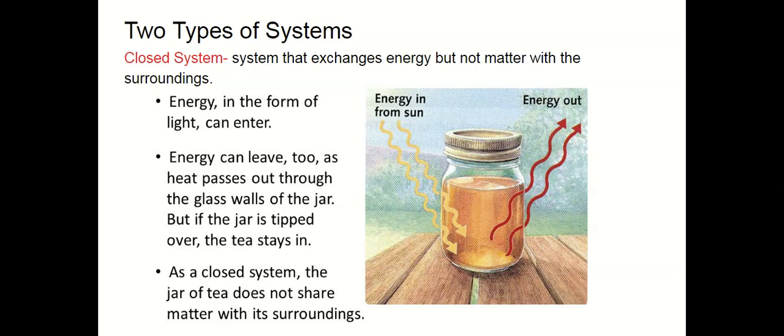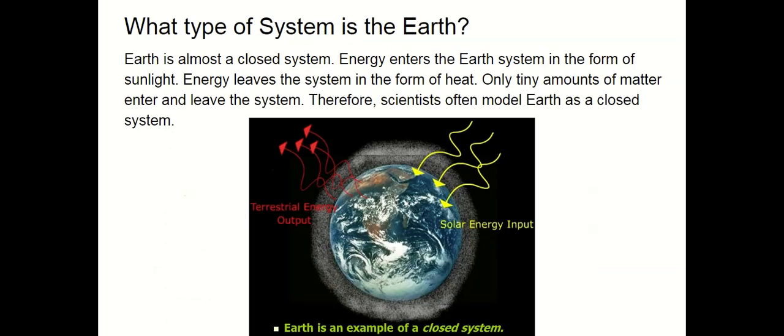Now, that system can get bigger. And so we refer to it as us as people. But if we think of it in a little bit of a bigger context, the Earth overall can also be viewed as a system, not just an individual mug or a person. But if we think of the Earth overall as a system, the Earth overall, relatively speaking, is going to be considered a closed system.